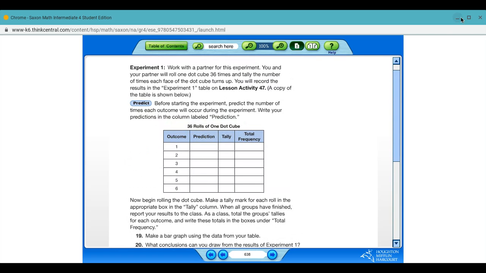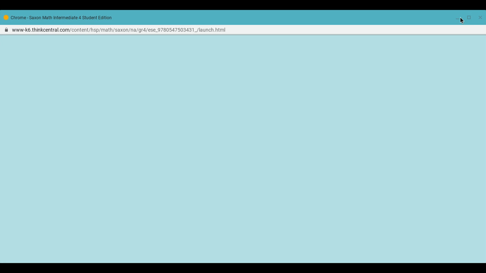Give me just 1 second to show you what lesson activity 47 looks like. So lesson activity 47 is going to have a table on it. All right, so probability experiment.